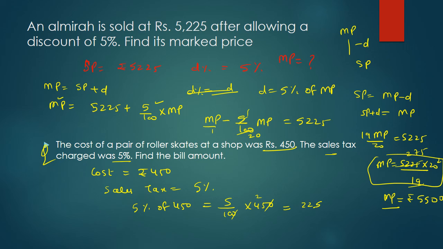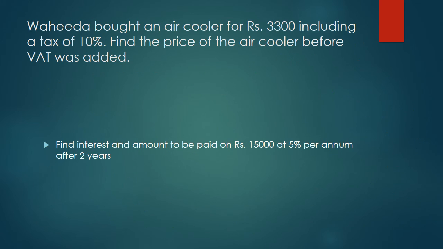Divide by 10, that is 22.5 rupees. Correct? So the total bill amount will become whatever the cost was, and you have to include tax in it. So 450 plus 22.5, which will be 472.5.